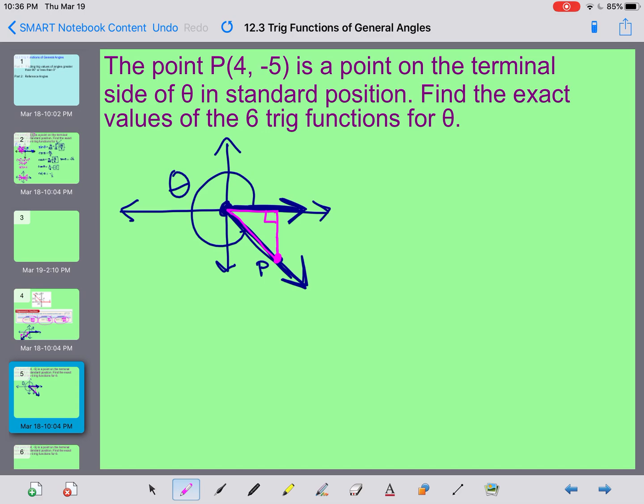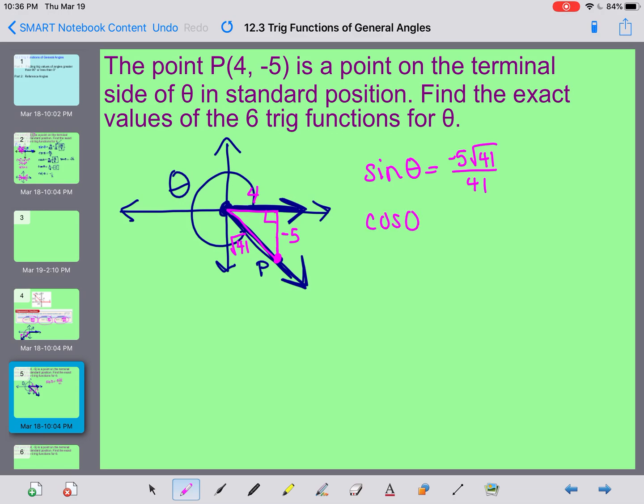Right? Now labeling these sides, this is 4, this is -5. You would do the Pythagorean theorem to find the hypotenuse. It's the square root of 41. And now you could do SOHCAHTOA from here. So sine of theta is equal to -5 root 41 over 41. This is the final rationalized answer.